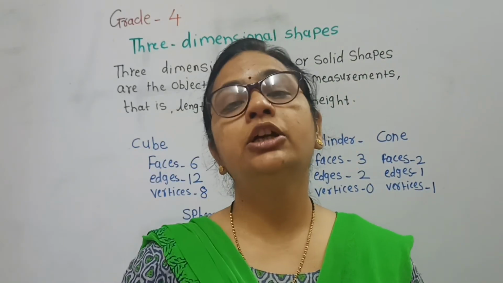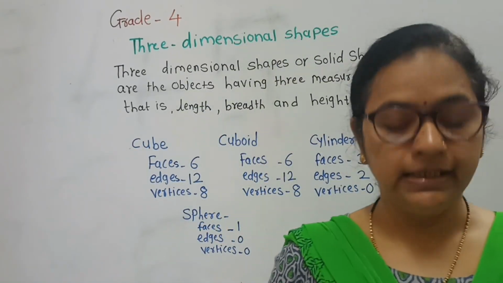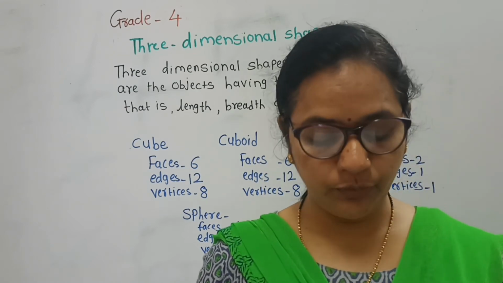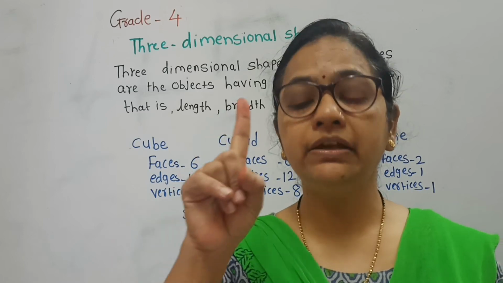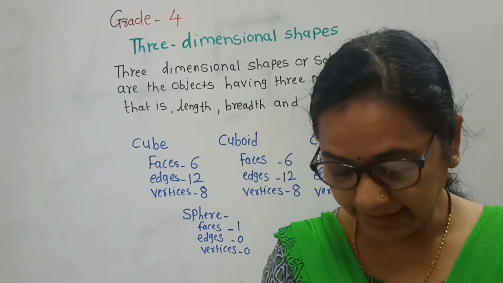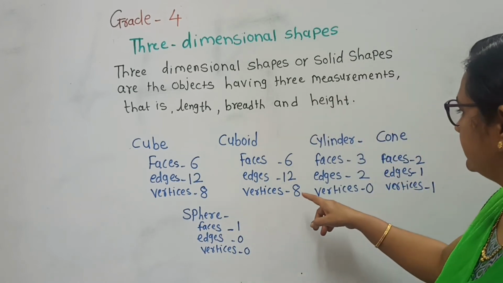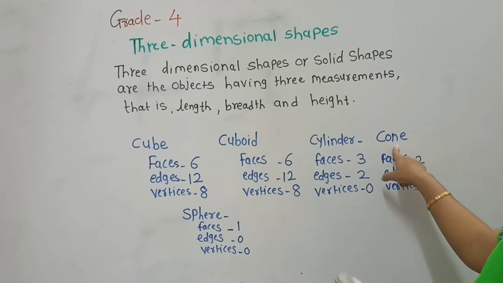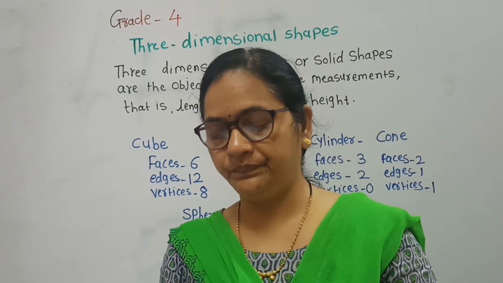Ice cube, cube shape. Okay. Now second question, name a solid shape with only one vertex. Now tell me, only one vertex means which shape? Cone shape. Okay.